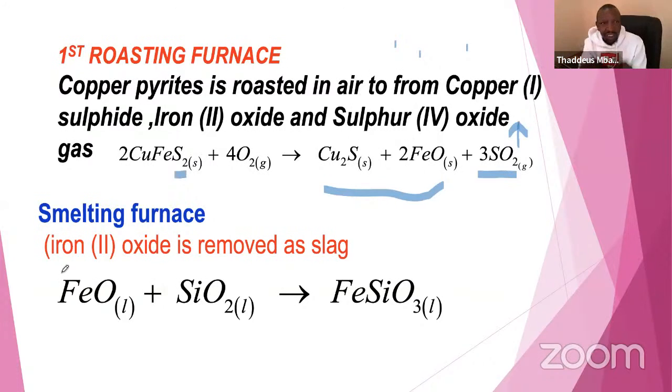So we are remaining with what now? Copper 1 sulfide, which means we are not yet done with impurities. There are some components of sulfur that are still not eliminated. Are we together? Yes.